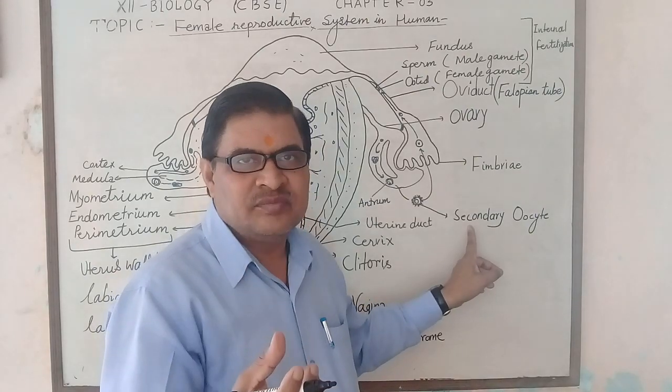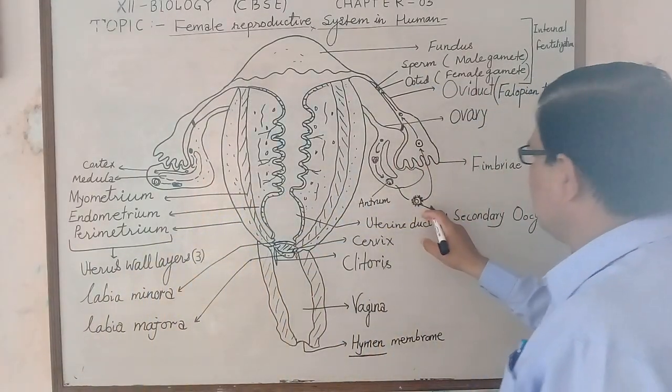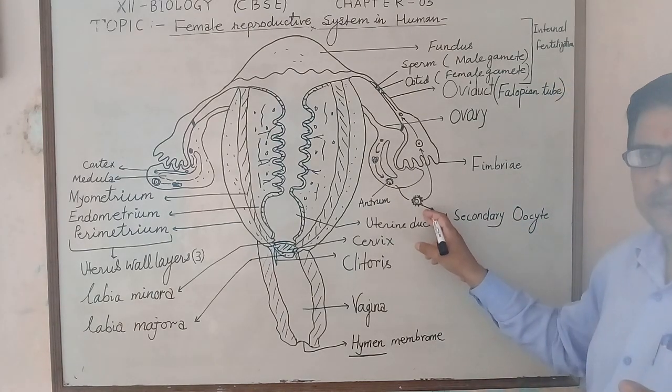The secondary oocyte is surrounded by the outer corona radiata.